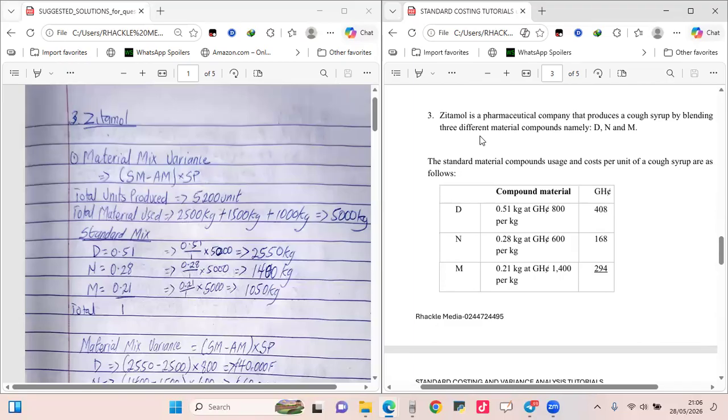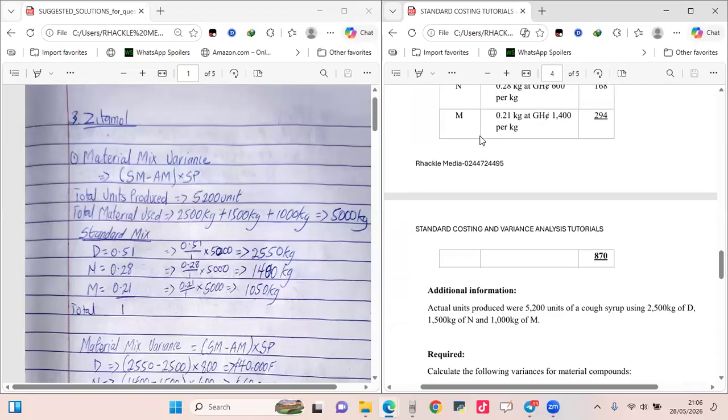They use 0.51 kg per unit, and it costs 800 cedis. That's for D. For N, they use 0.28 kilogram per unit for each unit they produce, and it costs 600 cedis. For M, they use 0.21 kilogram for each unit they produce, and it costs 1,400 per unit.